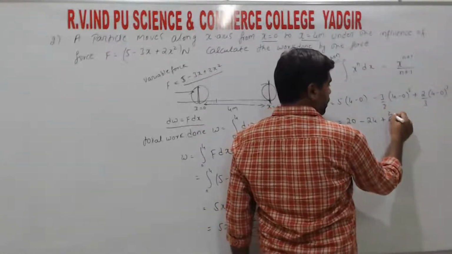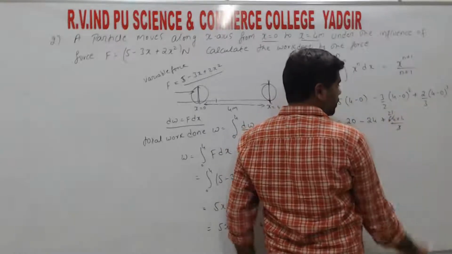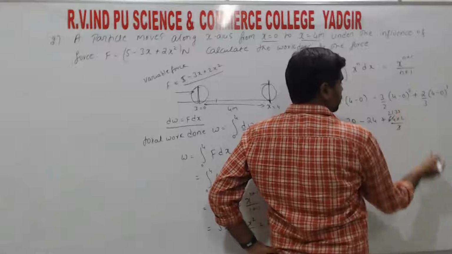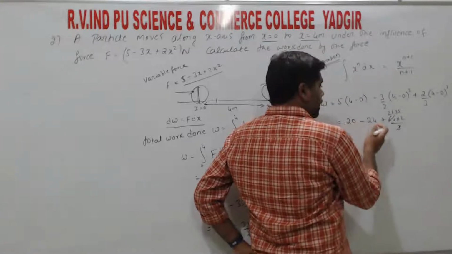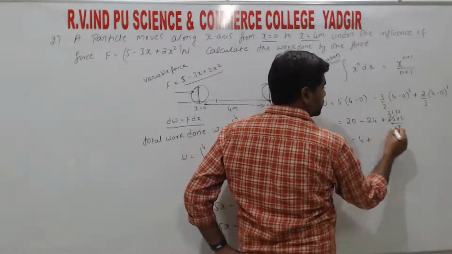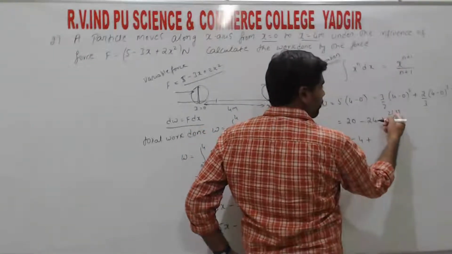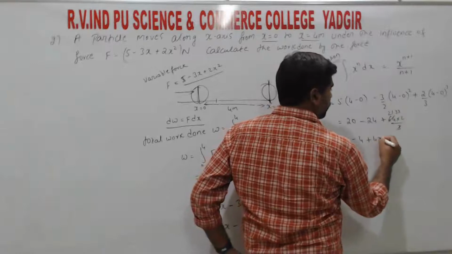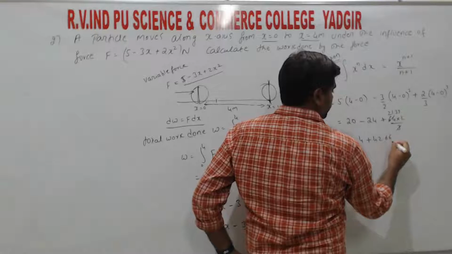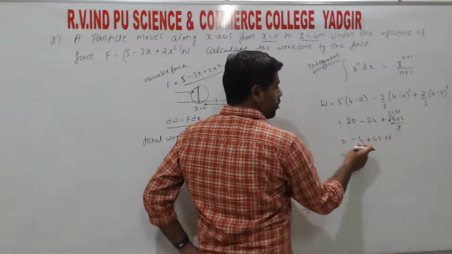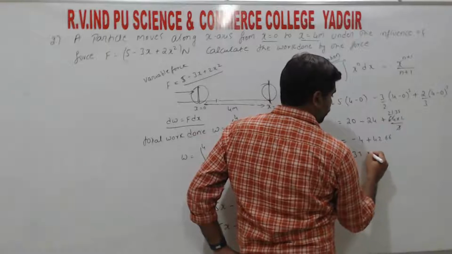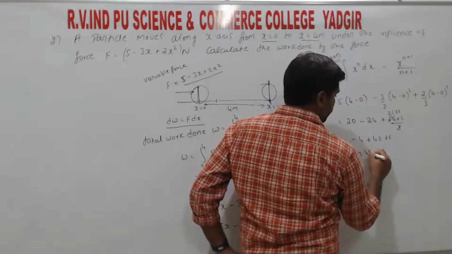So 3 twos are 6, 3 ones are 3.33, right? So 20 minus 24 plus 21.33 into 2, so that is 42.66, right? So 42.66 minus 4, that is 37.44.